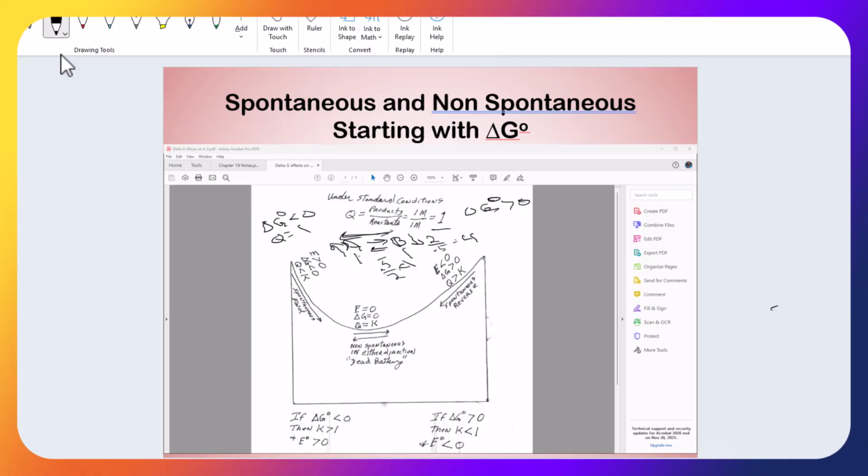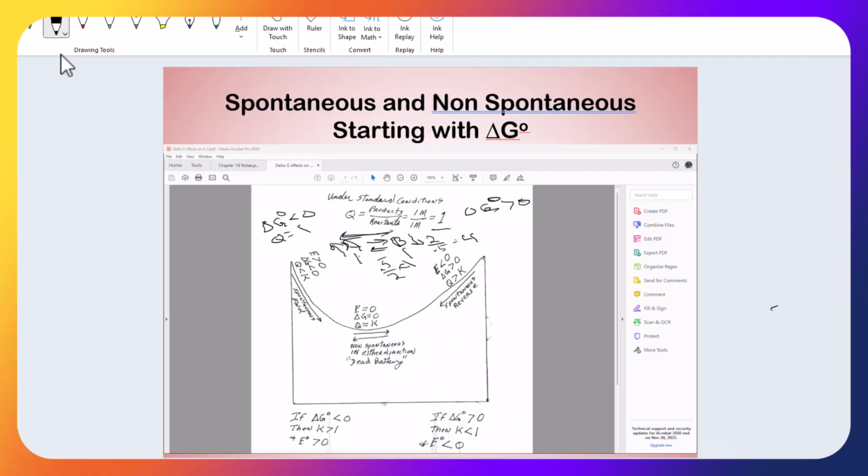So if delta G naught is greater than 0, the reaction is spontaneous in reverse from standard conditions. That means that E naught is less than 0, non-spontaneous forward, spontaneous in the reverse. Q is greater than K, delta G is greater than 0, E naught less than 0.